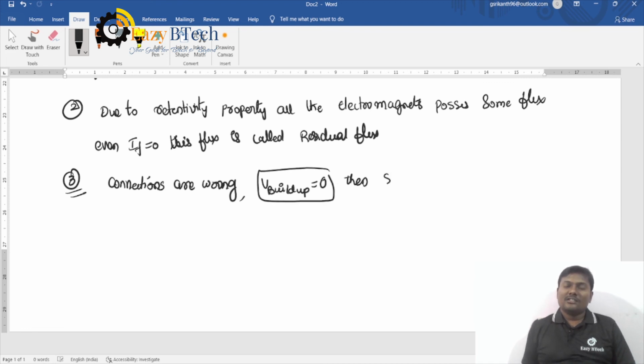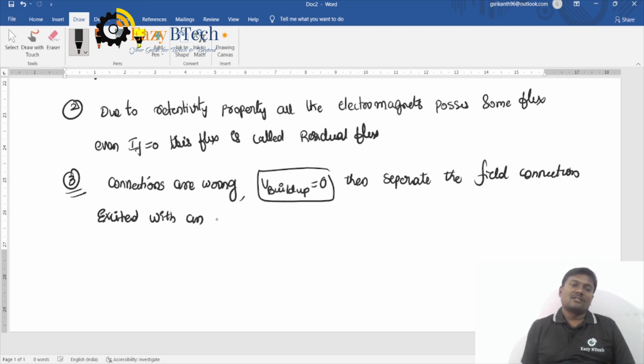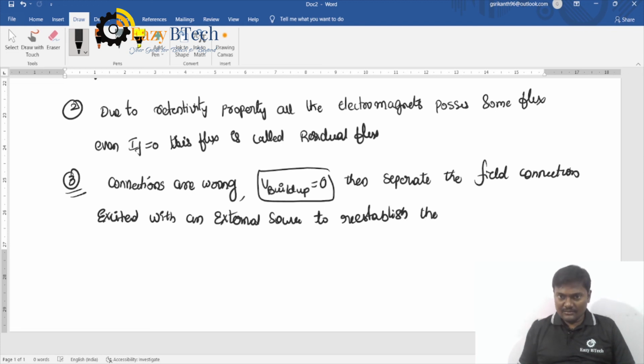Then separate the field connections and excite them with an external source to re-establish the flux.